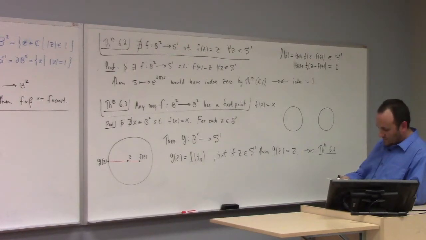Okay, anyway, so the next theorem is the Borsuk-Ulam theorem. Let F be a map from the sphere S2 to R2.